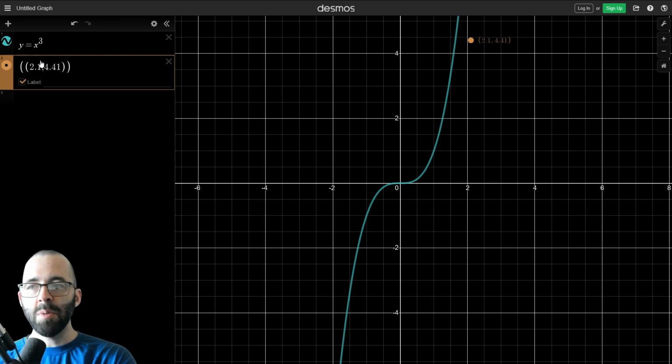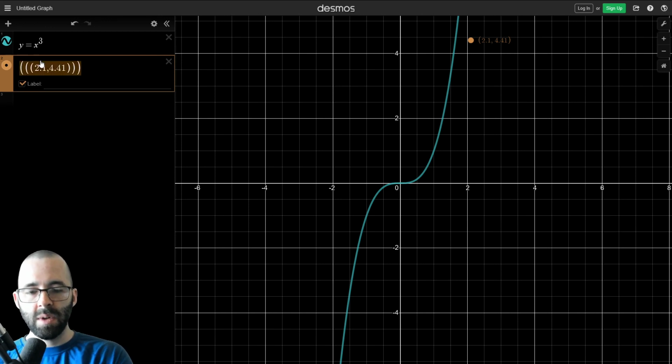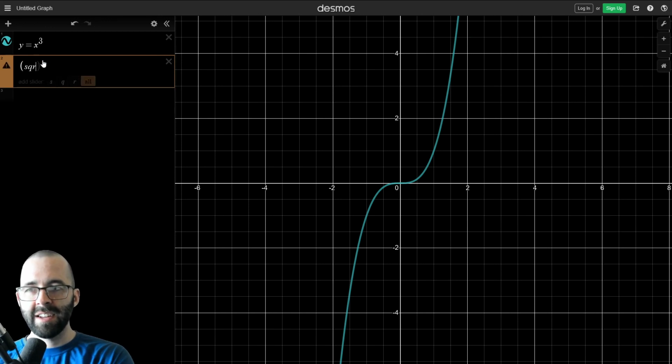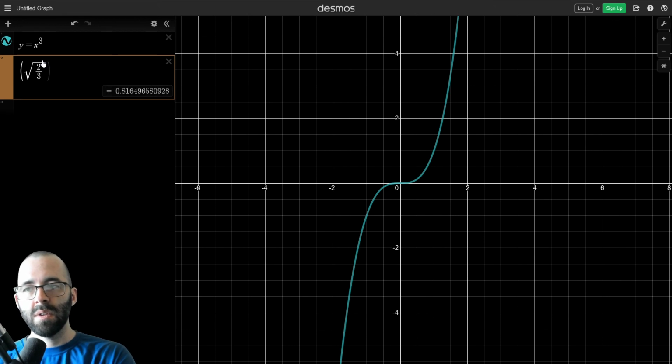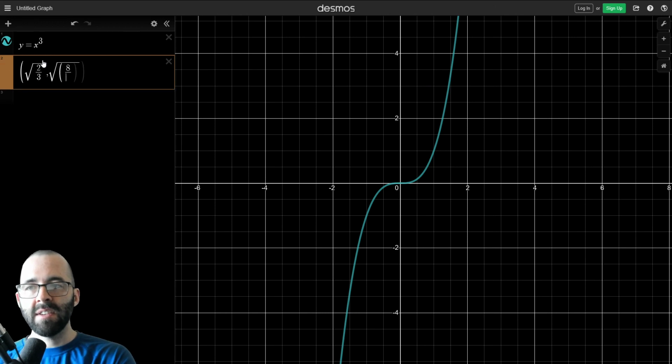And we said the slope is equal to 2 at these 2 points. Square root of 2/3, comma, the y coordinate we said was 2 square root of 2. Actually, it's a little easier to just write it this way: square root of 8 over 27.